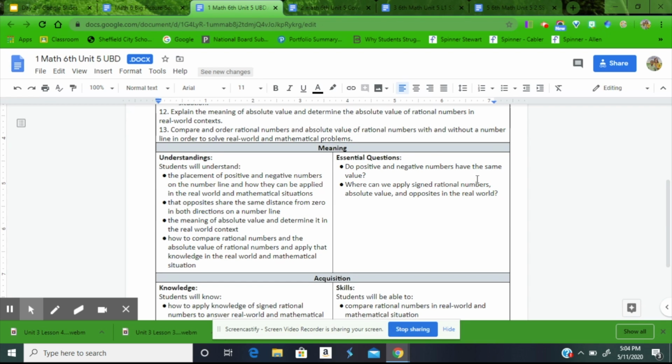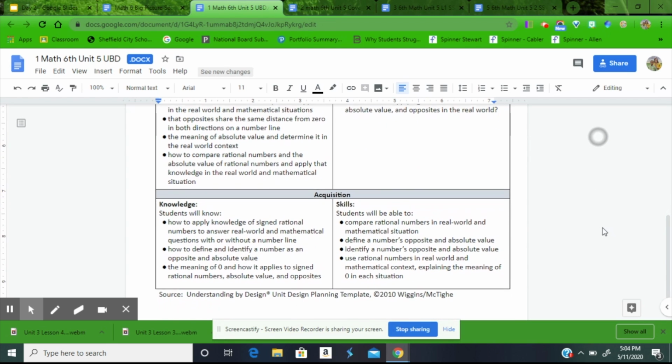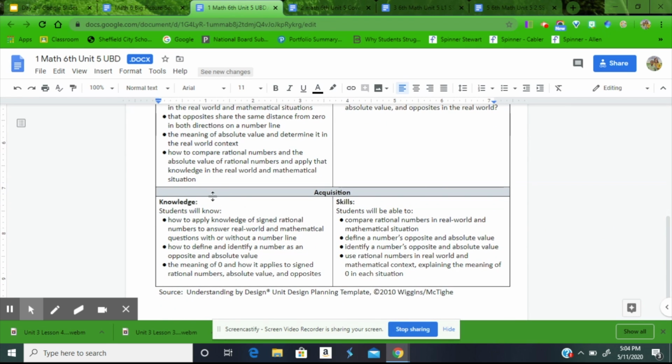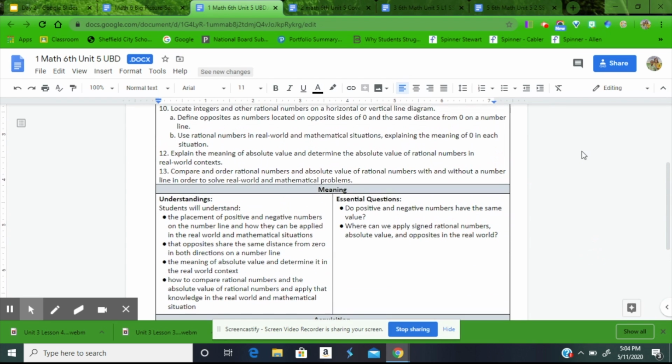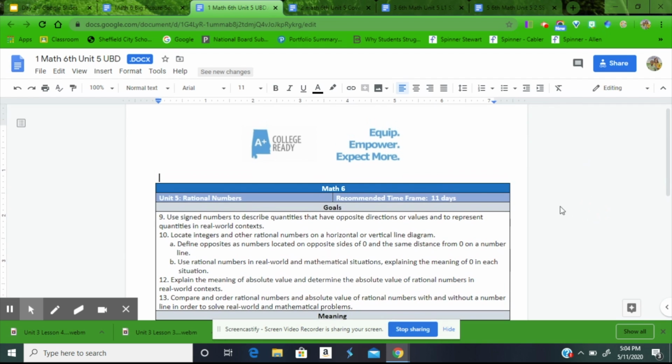And then you have some essential questions that you can focus on throughout the unit. Moving down to our acquisition, you've got skills that students will acquire and the knowledge that they will have once they've completed this unit. Take just a moment, pause the video, and read through your UBD for me so you have a better understanding of where we are with Unit 5.